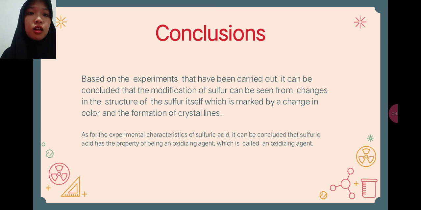Conclusion. Based on the experiment that has been carried out, it can be concluded that the modification of sulfur can be seen from change in the structure of the sulfur itself, which is marked by a change in color and formation of crystals.